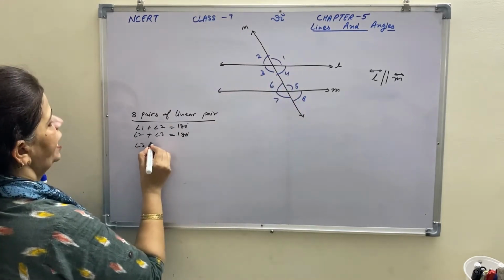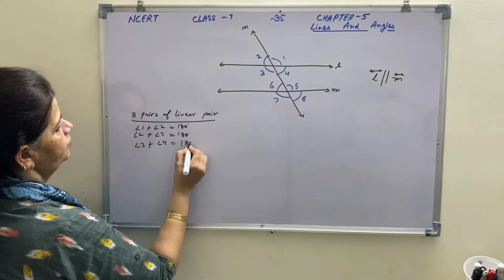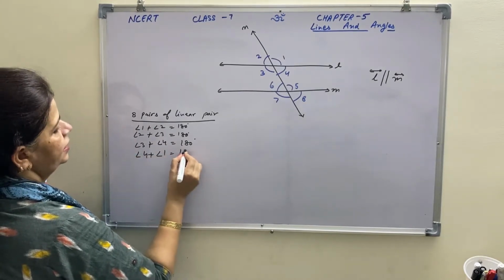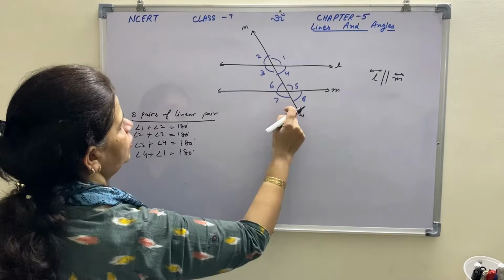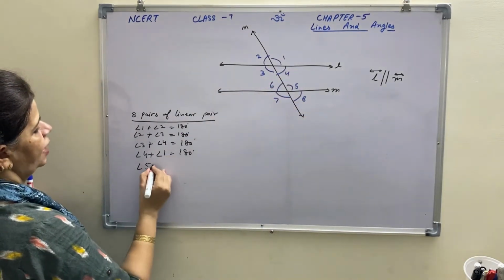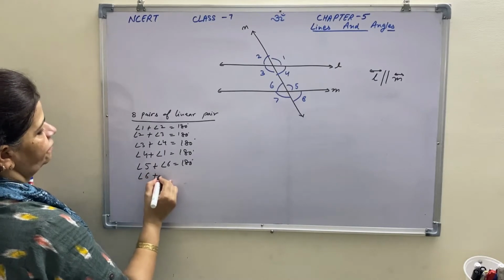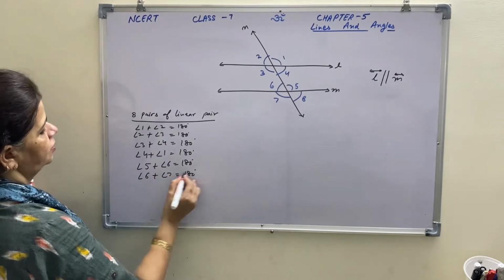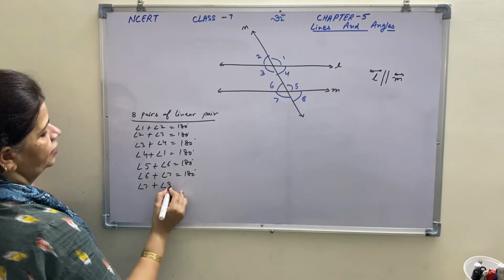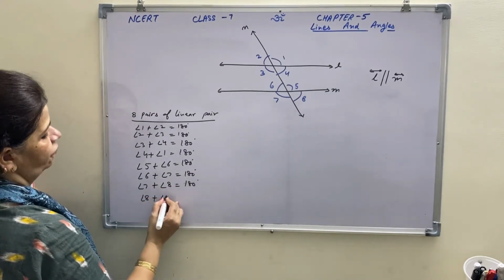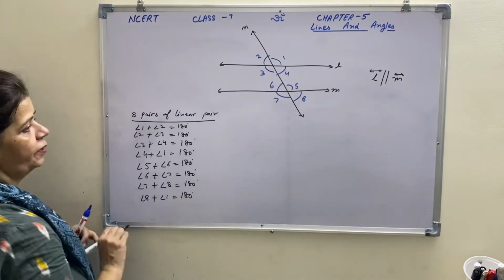Similarly 3 and 4 is the third pair, and 4 and 1 is another pair. From these, 4 and 5 make a linear pair, 5 and 6 make a linear pair, 6 and 7 make a linear pair, 7 and 8 make a linear pair, and 8 and 1 also make a linear pair.